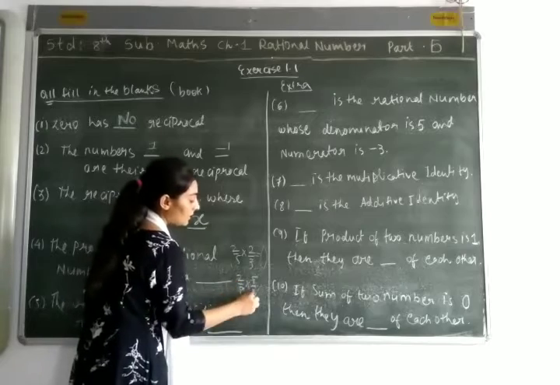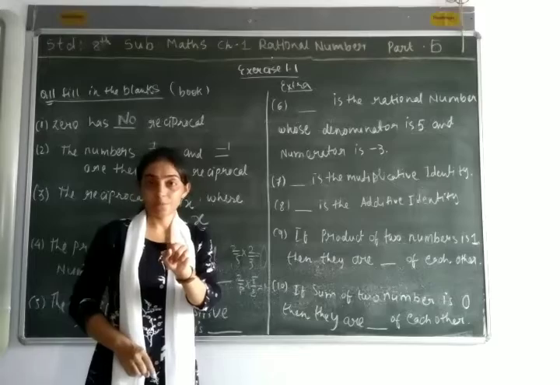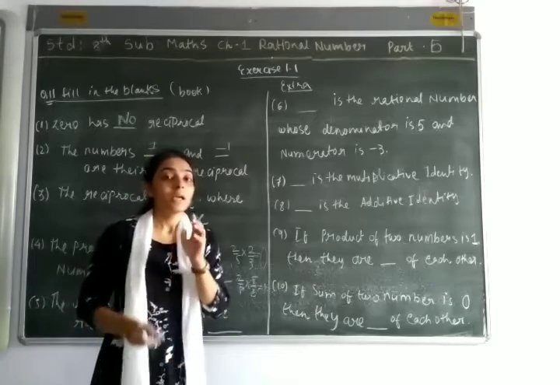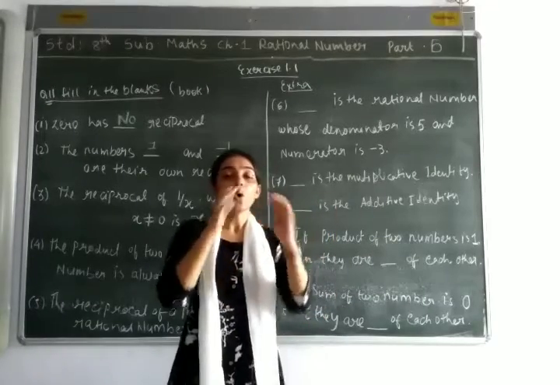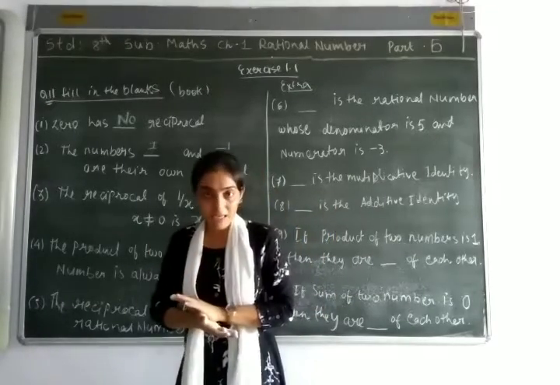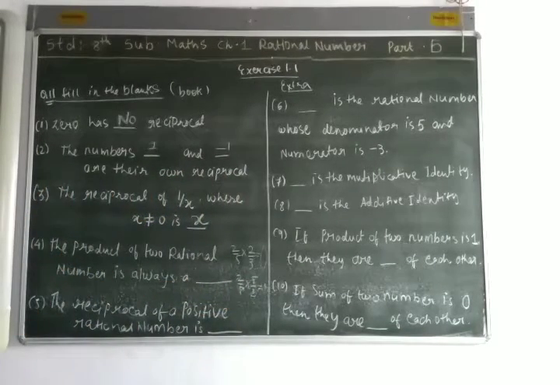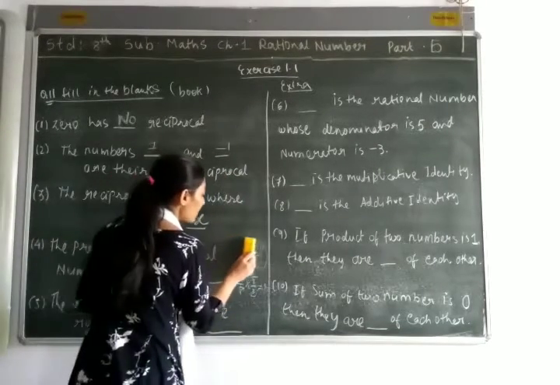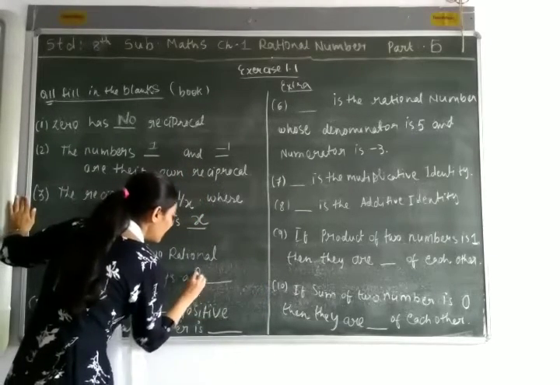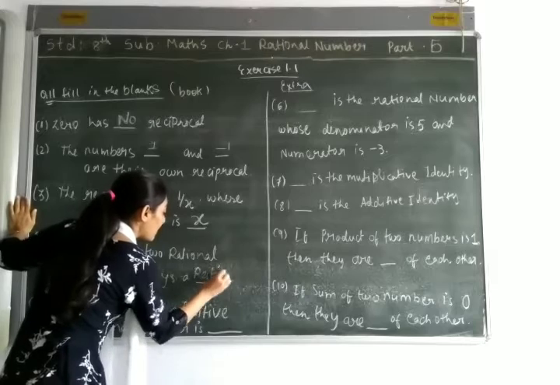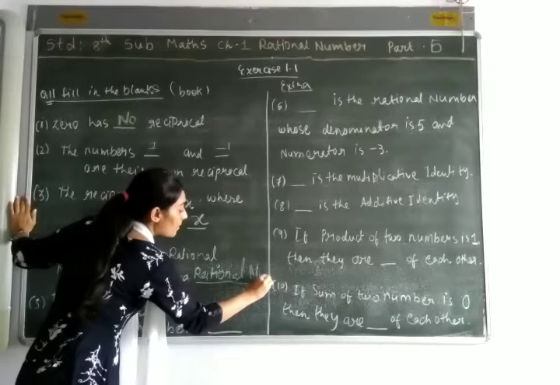The product is 1, and 1 is also a rational number, because we know that rational numbers contain natural numbers, whole numbers and integers. So the product of any two rational numbers is a rational number only.